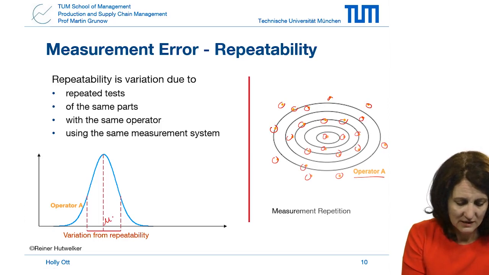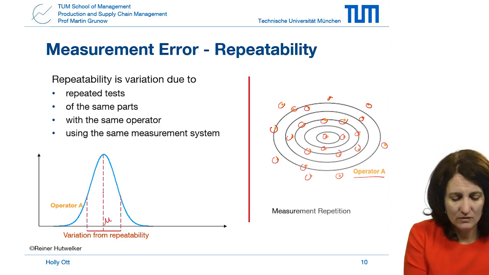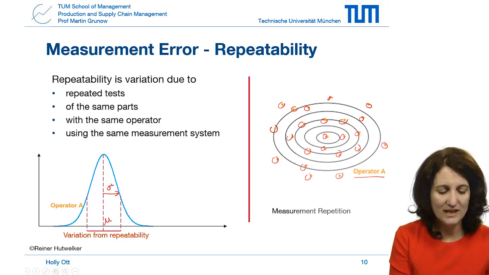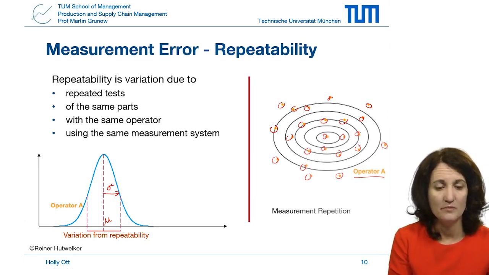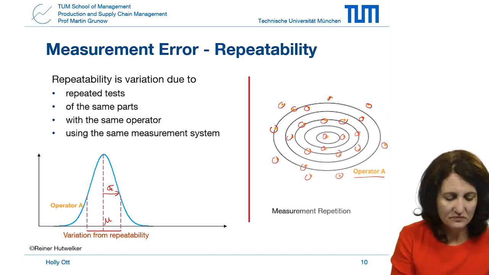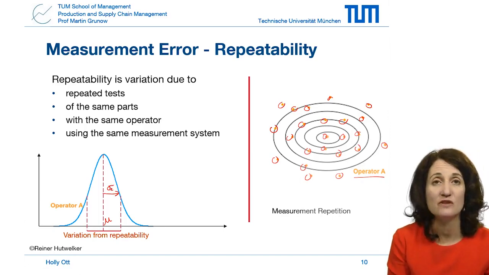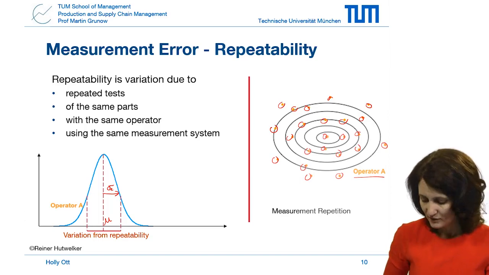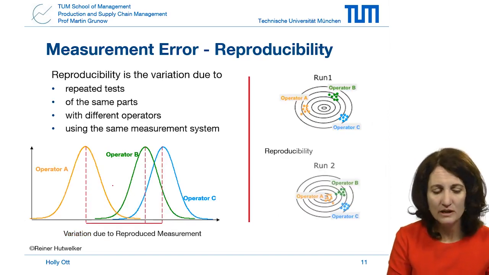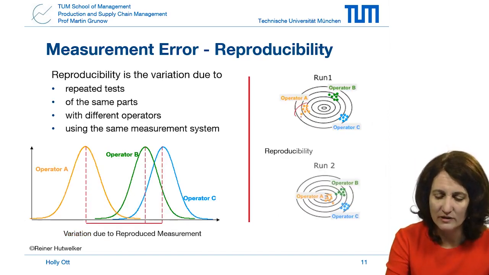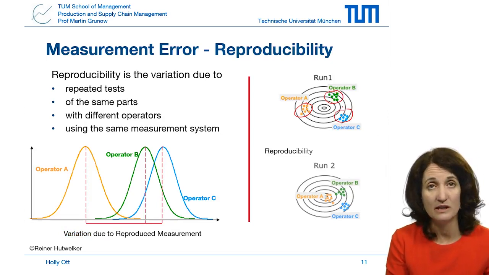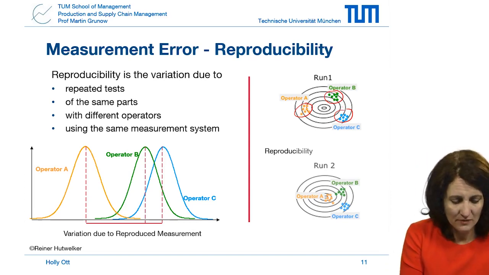We can estimate his repeatability error, which we're calling sigma e, as the variation of these measurements. As opposed to reproducibility, where we have three different operators all taking measurements.